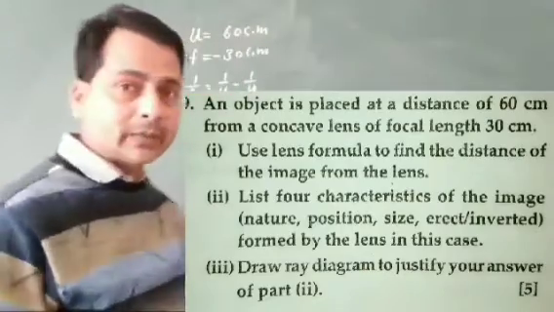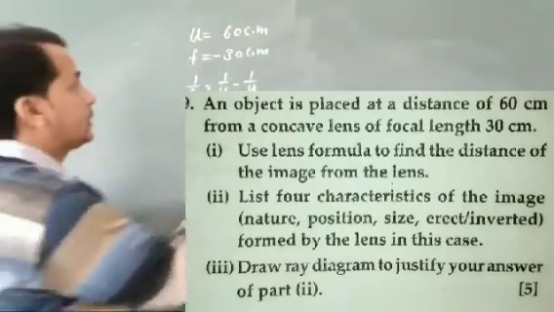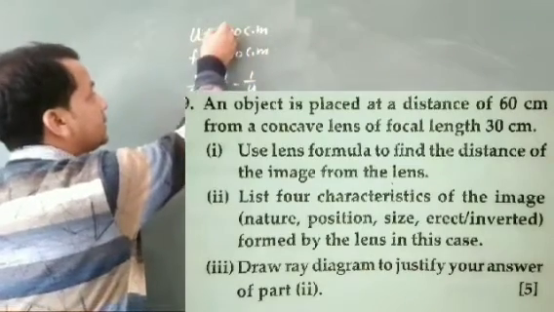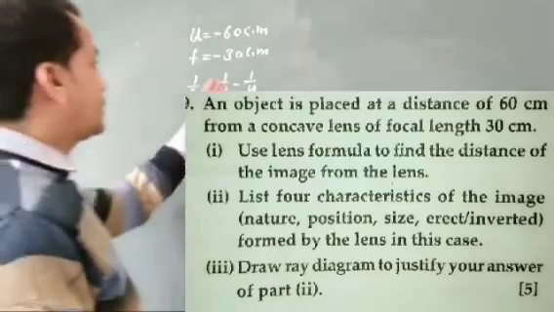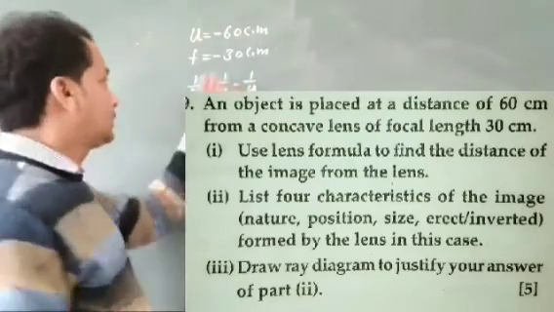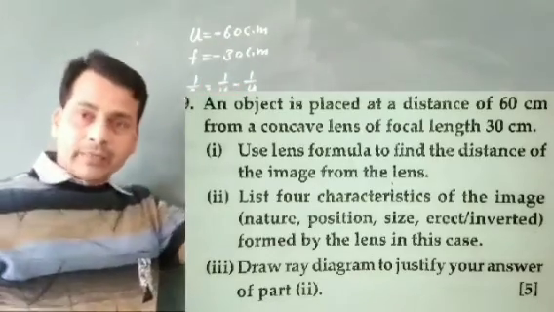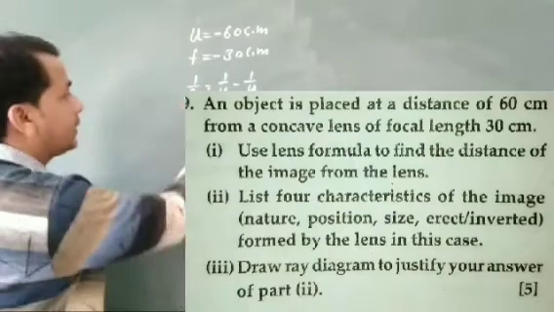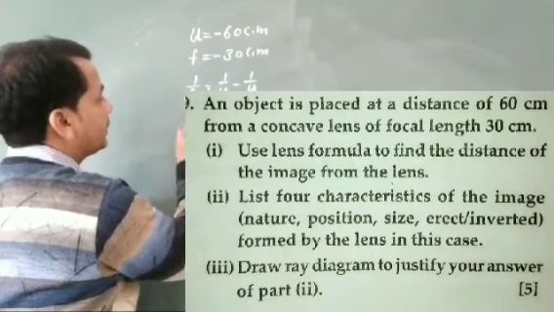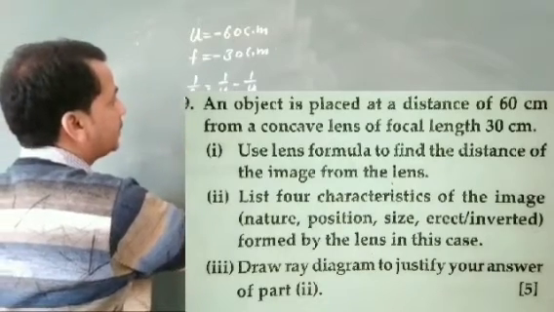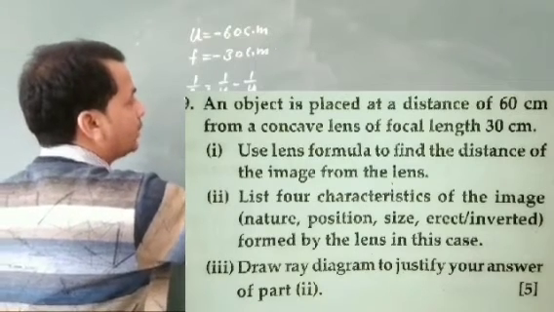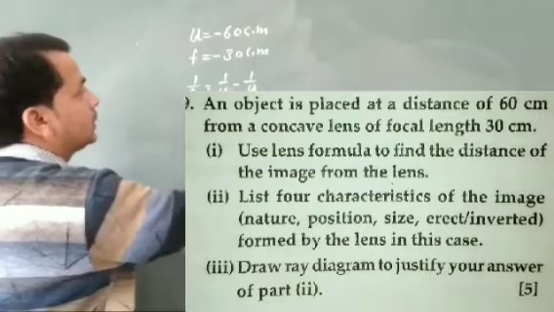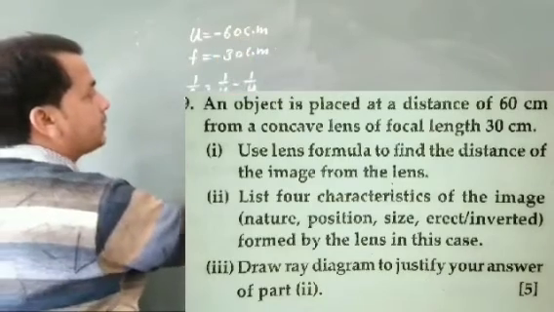According to the sign convention, the object distance is minus 60 centimeter. So we put the values in the lens formula: 1 by minus 30 equal to 1 by V minus 1 by minus 60.